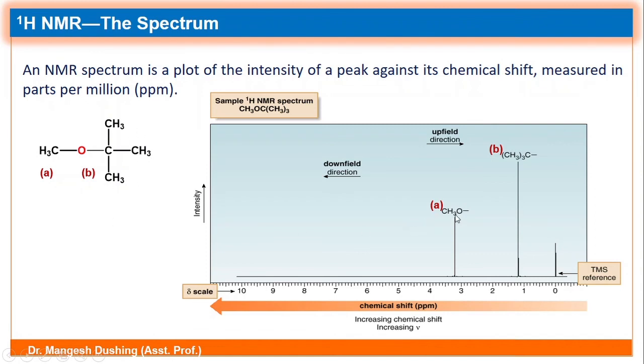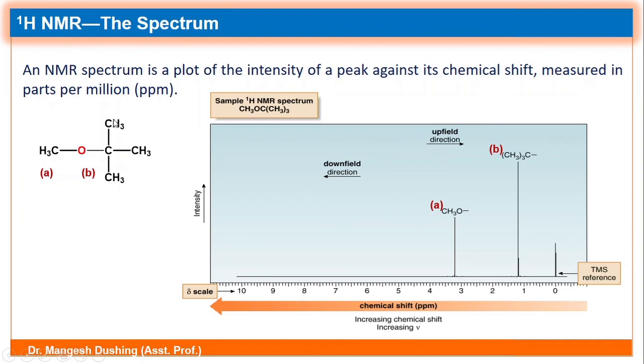See here, this CH3O absorbs towards the downfield, towards the left hand side. So the chemical shift will be higher, that is 3.2. While these CH3 groups are not directly attached to the oxygen, they are attached to carbon, so there will not be much minus I effect. So these are the shielded protons as compared to this one.